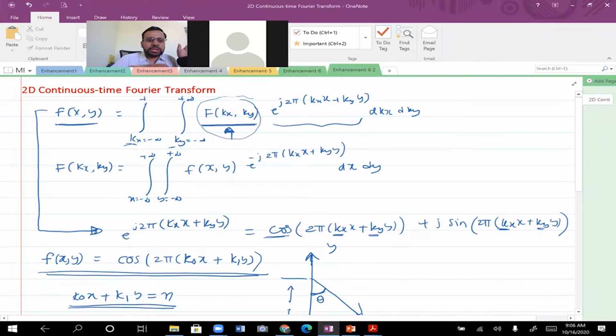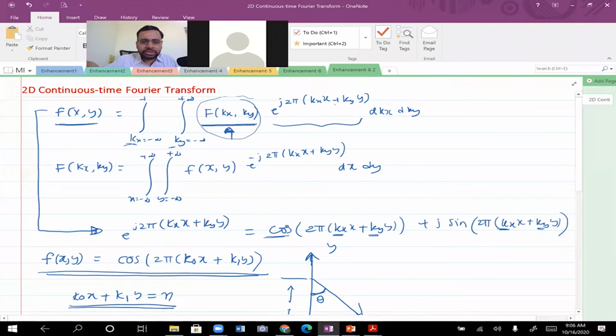A better way to get an intuition for it is to substitute what you got in place of F of kx comma ky. It has values only at k naught, k1 and minus k naught, minus k1. Only at these 2 points it has values, right?